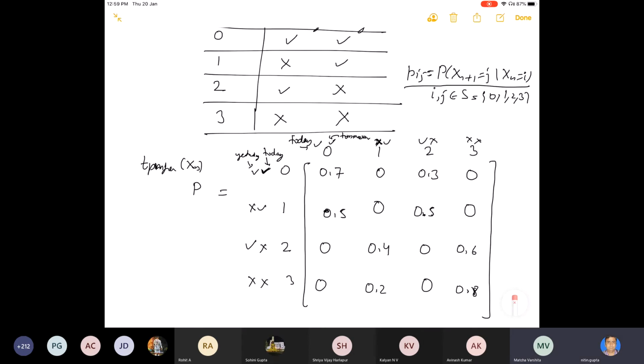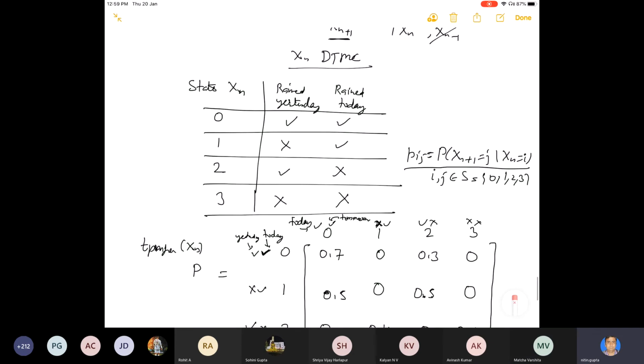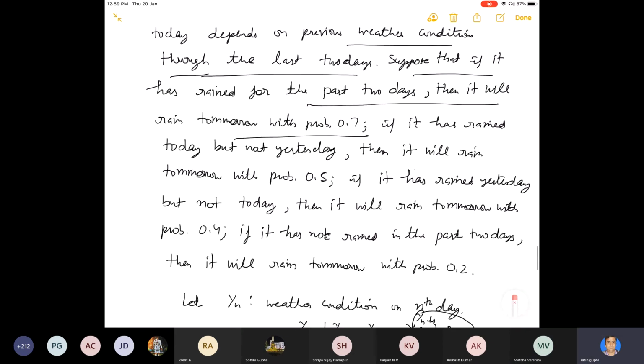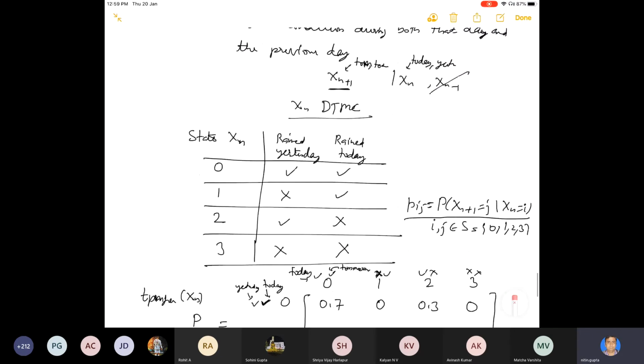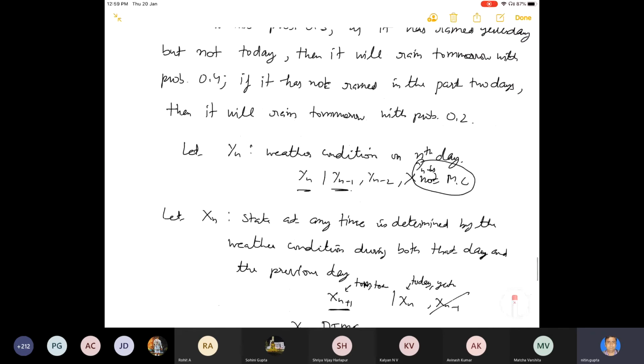Whatever question is given, we have to make that into a discrete time Markov chain. For example, in some other question where it only depends on the previous day, on n minus 1 only, then this Yn is a discrete time Markov chain.